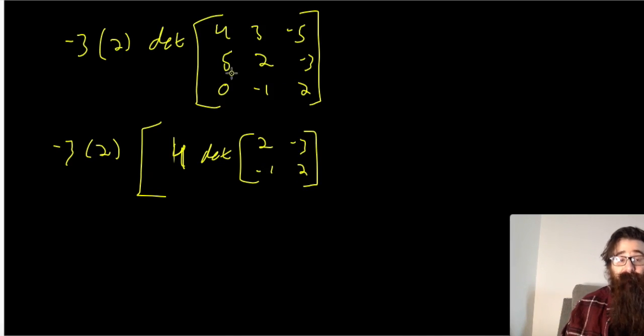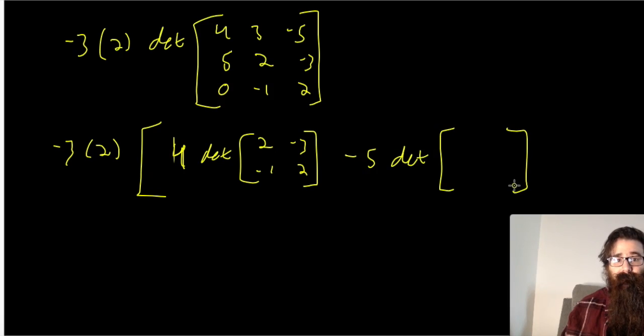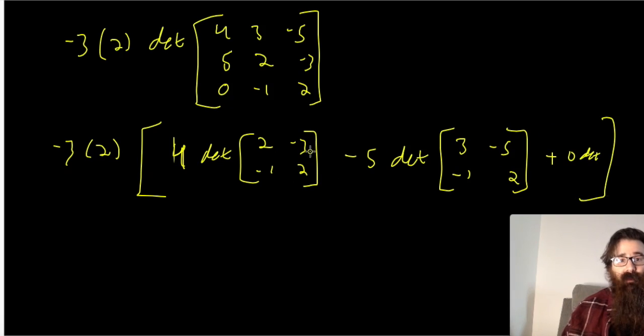And then I bring out the 5, I've got to flip its sign. So negative 5 times the determinant of the 2 by 2 matrix when I remove the entry's row and column. And that's 3, negative 5, negative 1, 2. And then the rest was a 0, so plus 0 times whatever. No consequence to me.